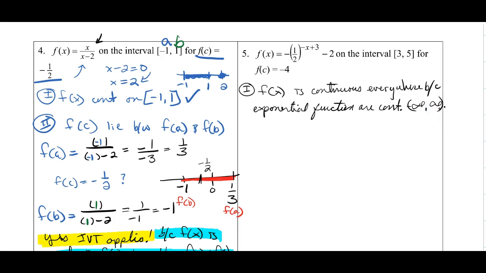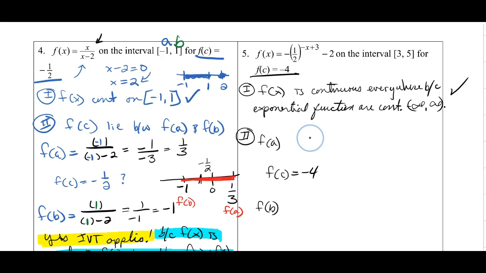Part 1, done. Easy. Check. Then part 2 asks for our f of A and f of B, and it gives me f of C equals negative 4.